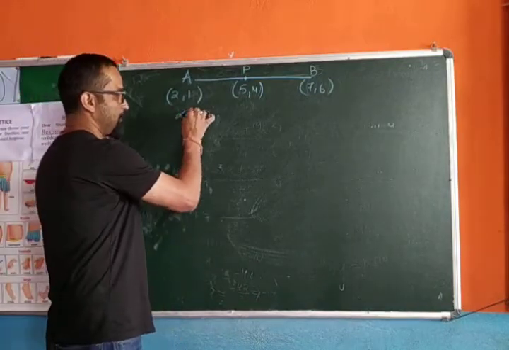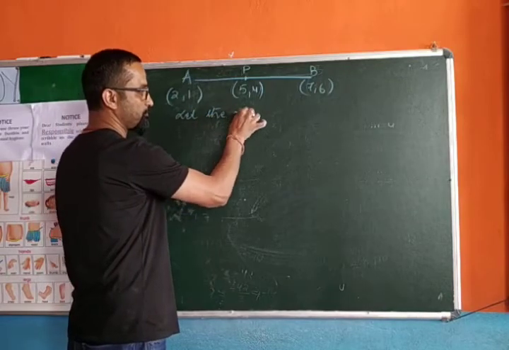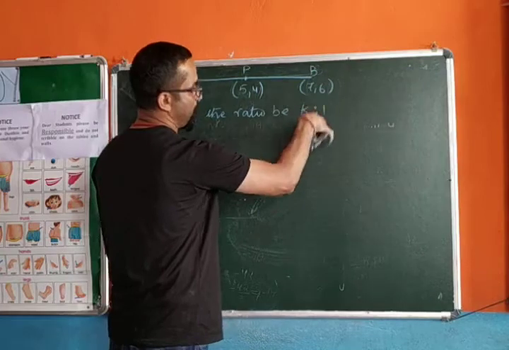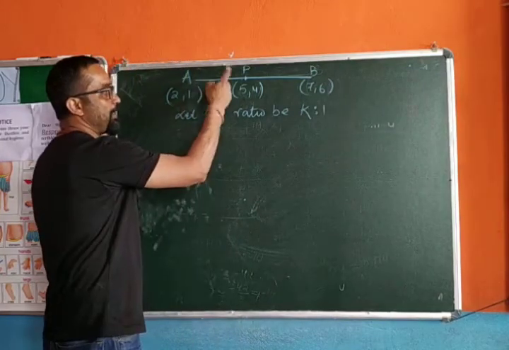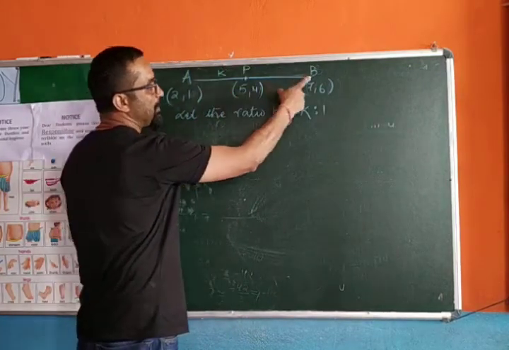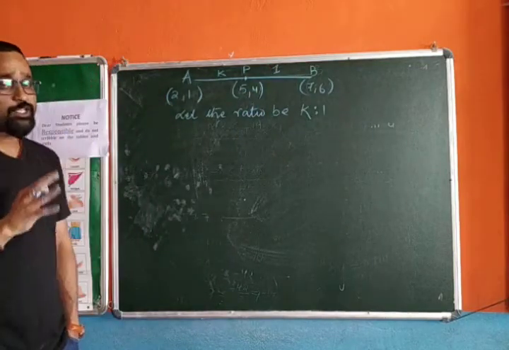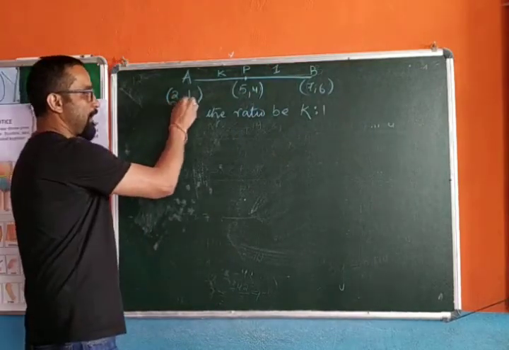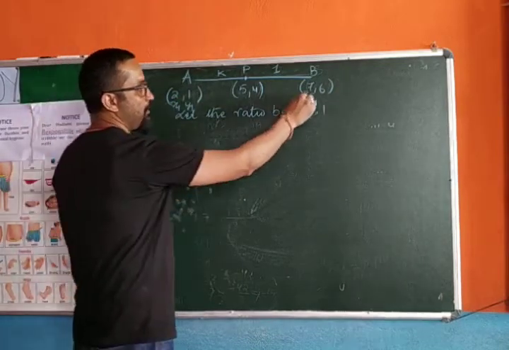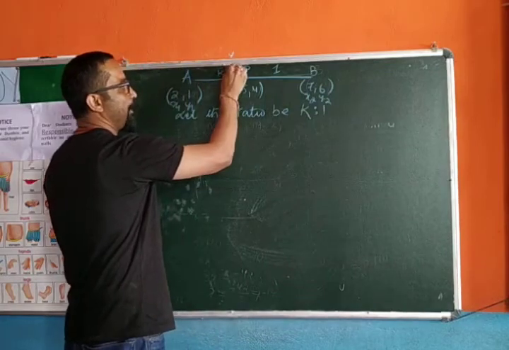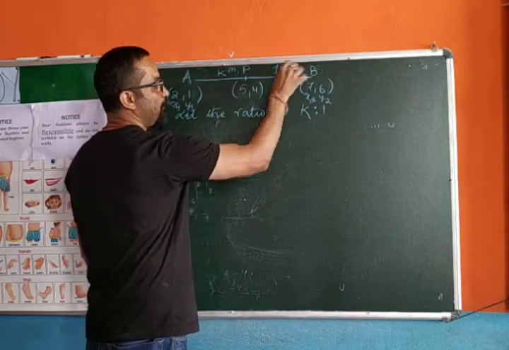Let the ratio be k is to 1, AP is k, and PB is 1. After this format, you write A as x1, y1, B as x2, y2, m1, m2.